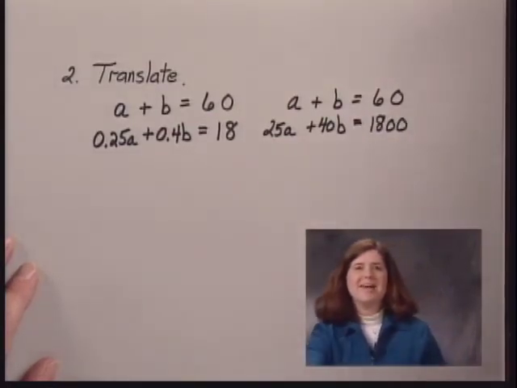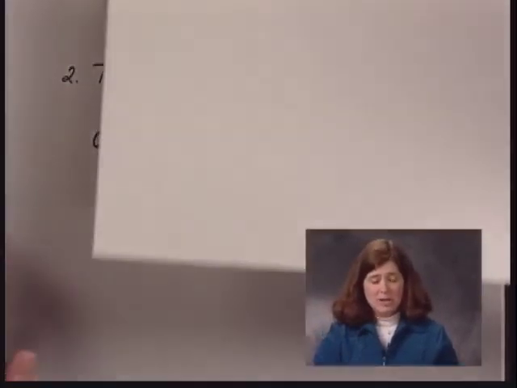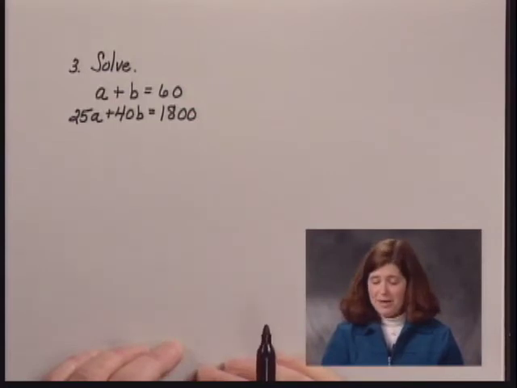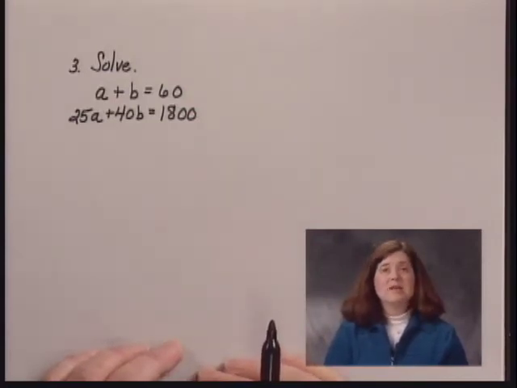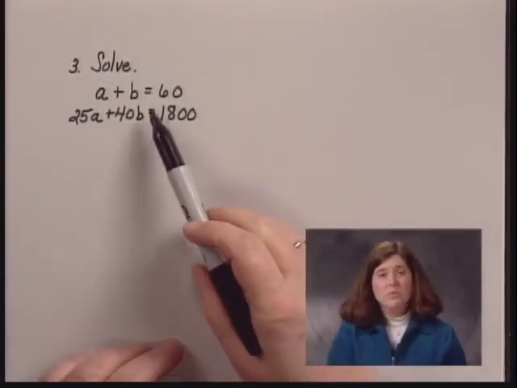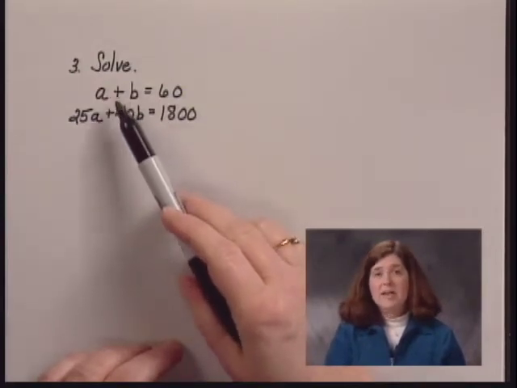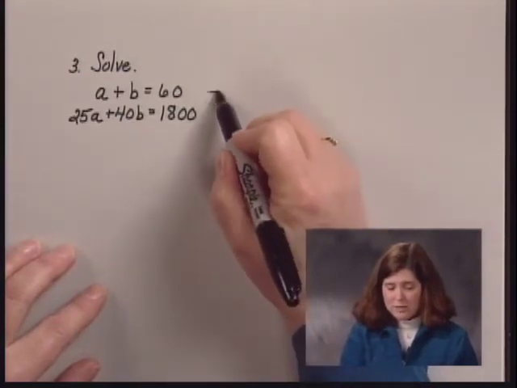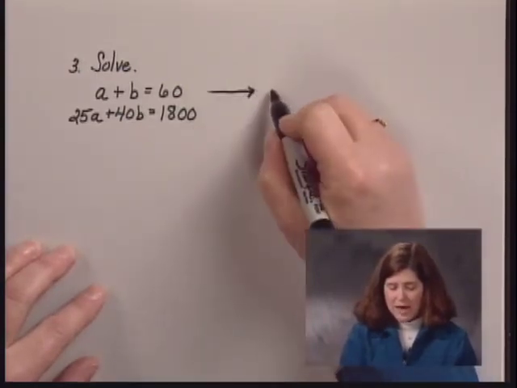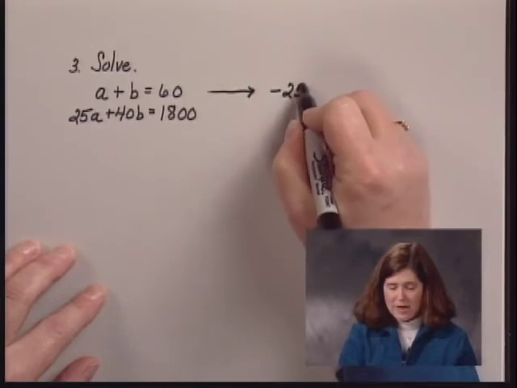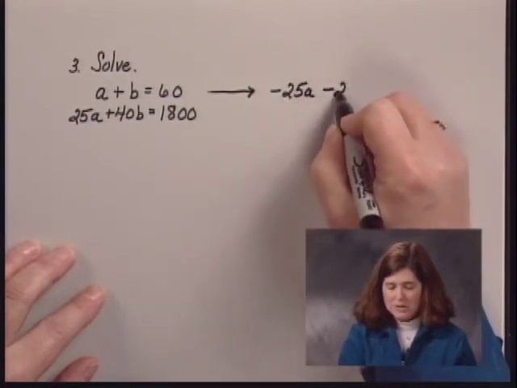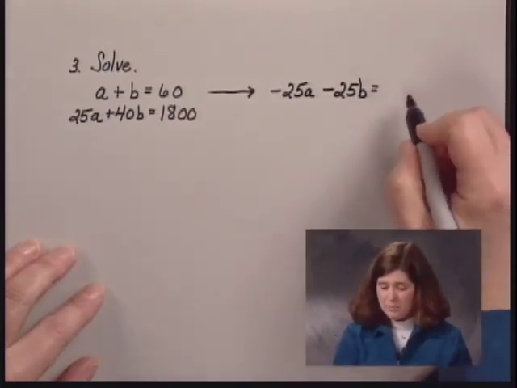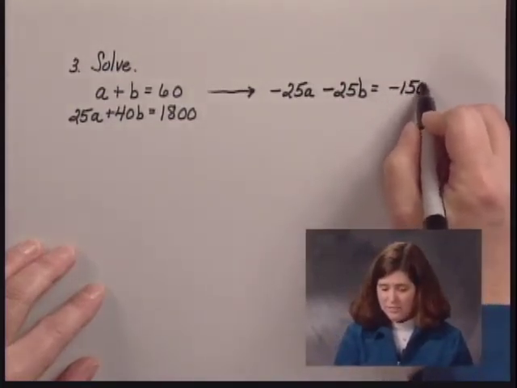And now I'm ready to go to my next step, and that is to solve the system of equations. I want to solve this for the ordered pair (A, B). I'm going to use the elimination method, and I'm going to multiply equation 1 by negative 25 and then add to eliminate the A terms. So multiplying the top equation by negative 25, I have negative 25A minus 25B equals negative 25 times 60, which is negative 1500.